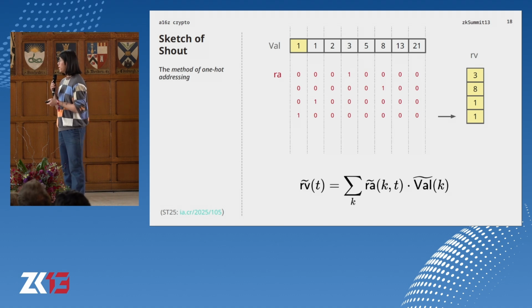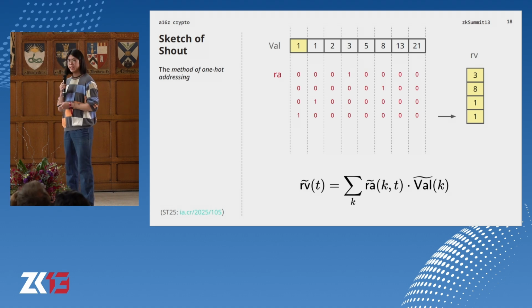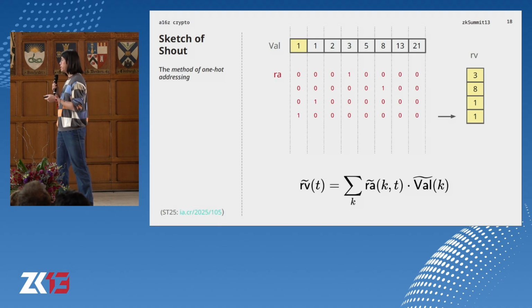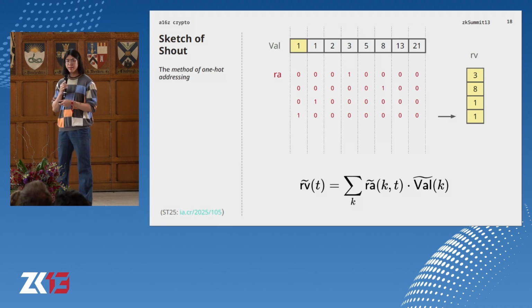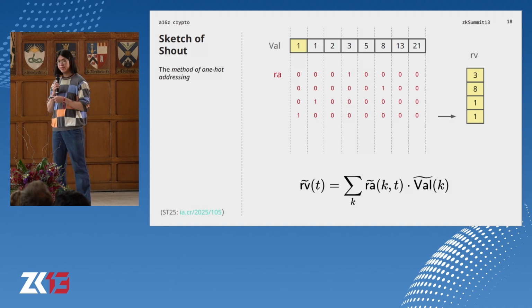And with these ra and rv polynomials, we have this very nice sum-checkable expression here, which conceptually is saying that the value read at time step t is given by the index that was accessed and the value of the lookup table at that index. And this is nice because ra is extremely efficient to commit to, given that it's all zeros and ones.